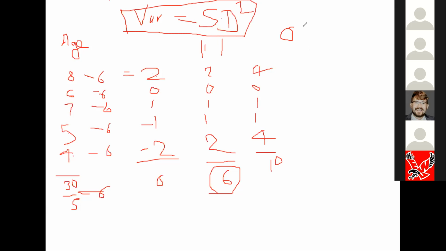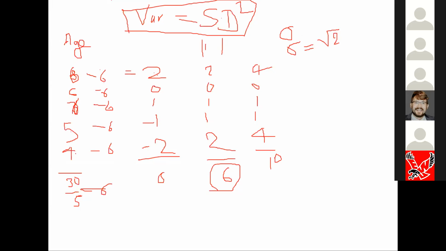Now think about the concept here. This is the deviation from the mean, meaning the average age is 6 in my class. The deviation is square root of 2. This is the sigma value. Now think about if all the students are the same age.